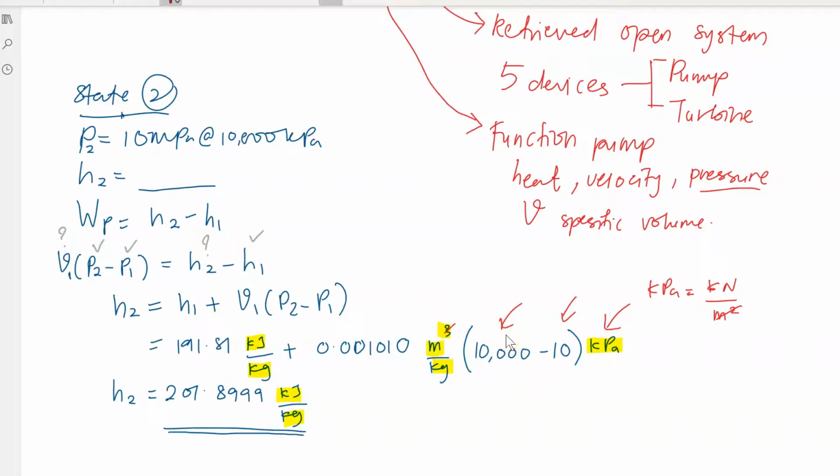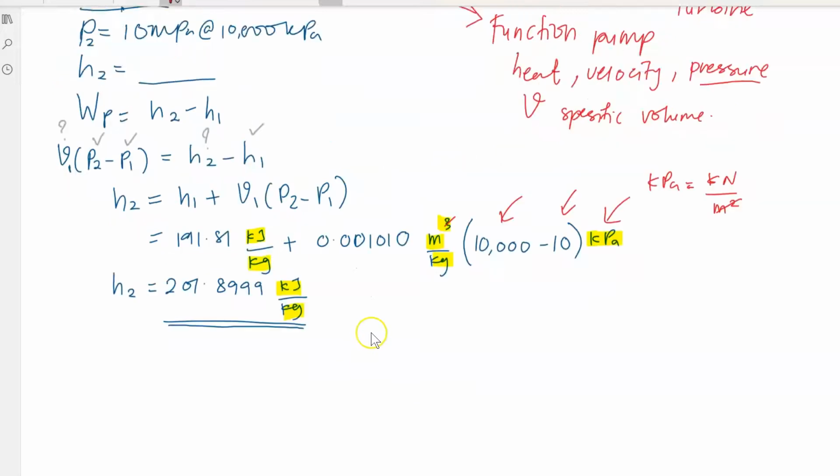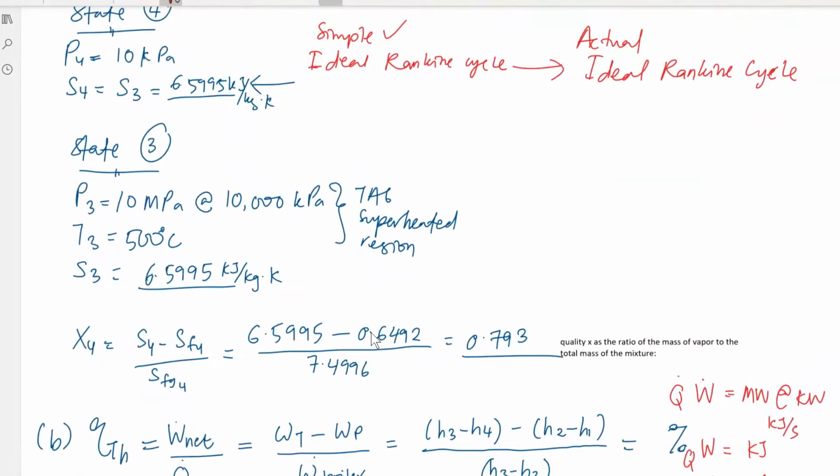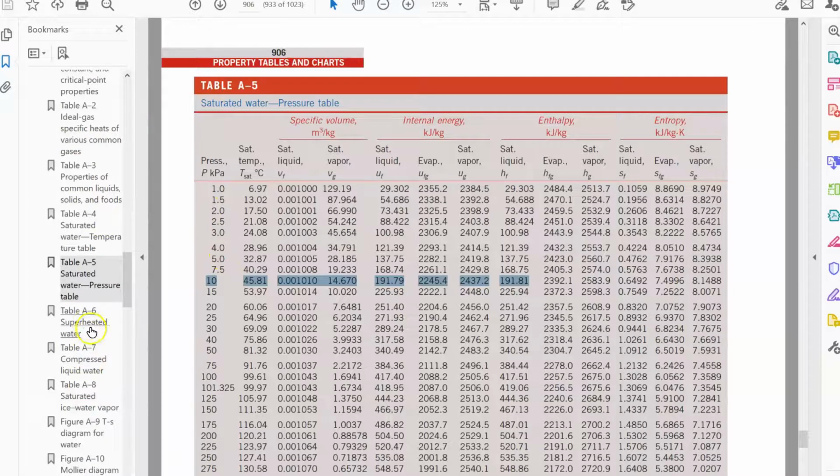Alright, moving on to the next one, we would like to resolve state 3, and we already did so above, but what we don't have is your H3. Given your pressure and temperature, this is much easier. You can straight away look at your superheated table, so it's going to be table A6.